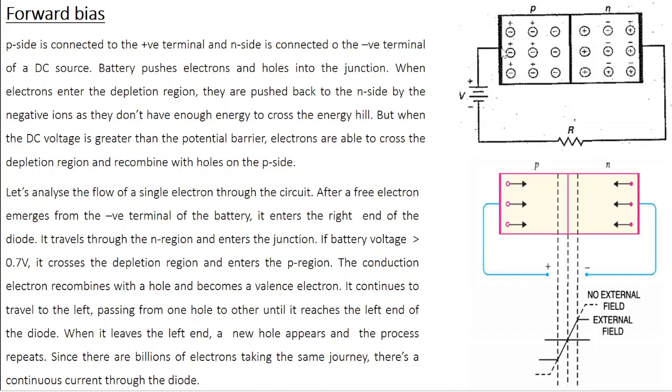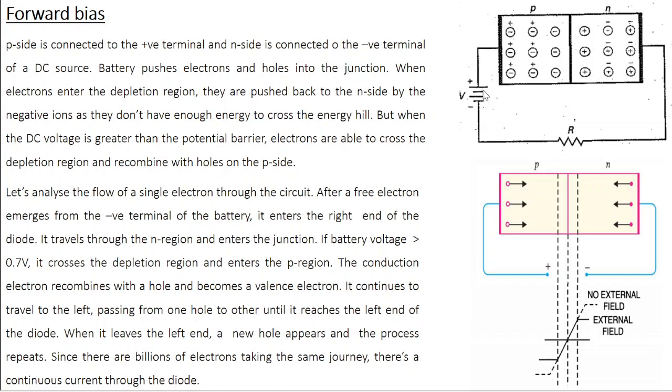Once the electron comes out of the p side, it travels through the external circuit and finally enters the positive terminal. So one complete cycle is formed here: an electron emerging from the negative terminal of the battery and finally reaching the positive terminal of the battery. Now this process repeats.